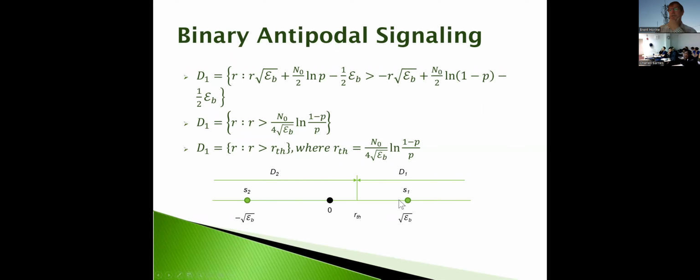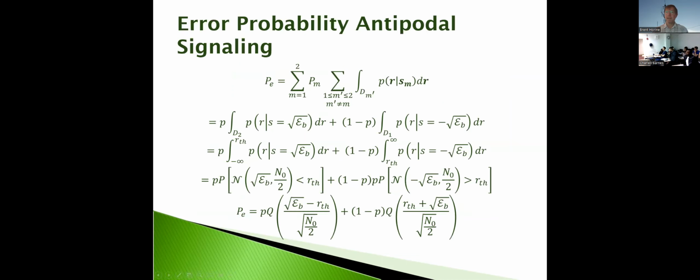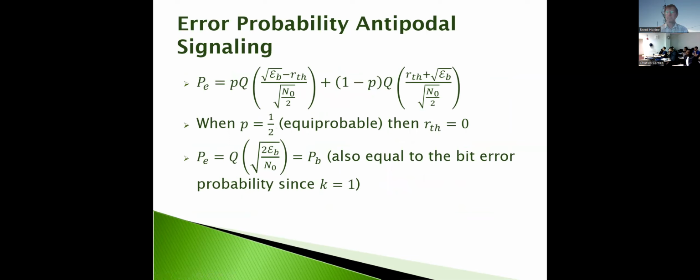So the distance between these points is larger, but we're only able to send 1 bit for every symbol, right? So a 6 times slower bit rate over that same channel, but we don't need nearly as much power. So in the end, we're going to see that this is basically as good as it gets.